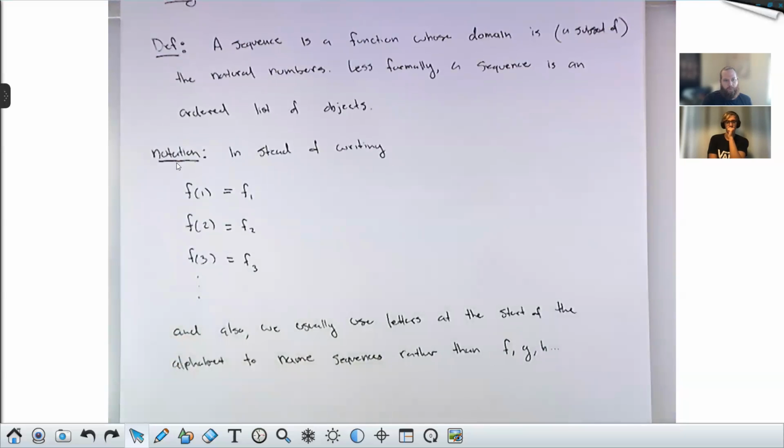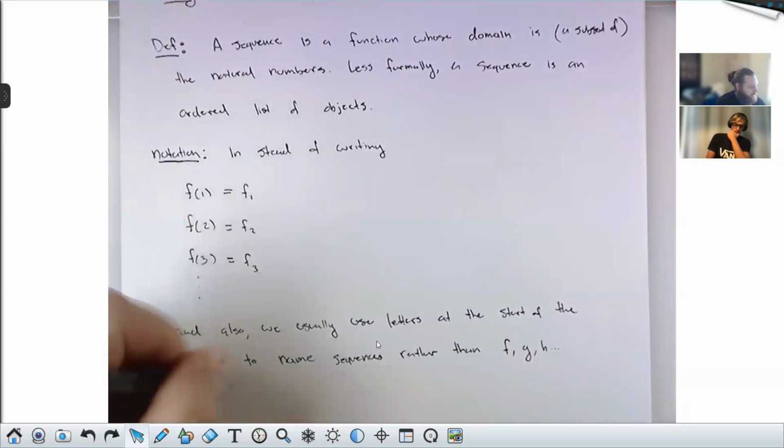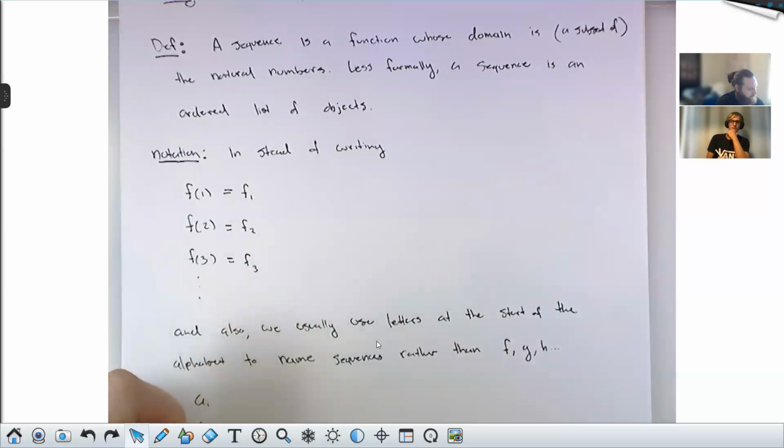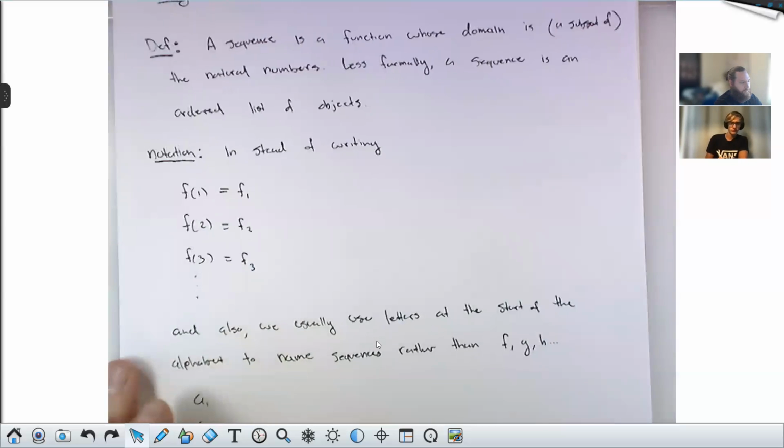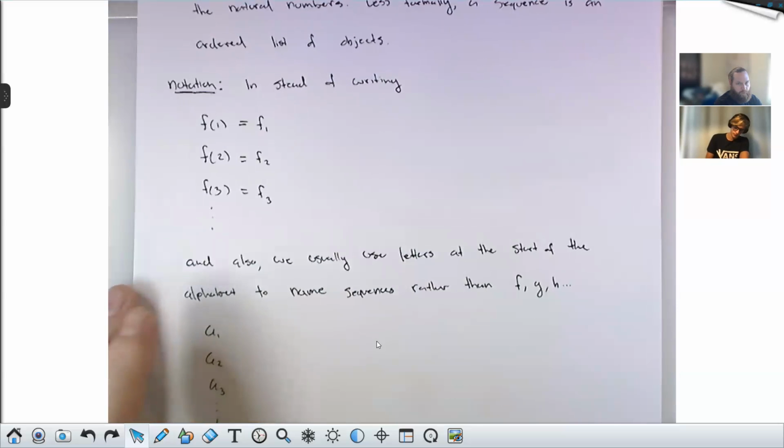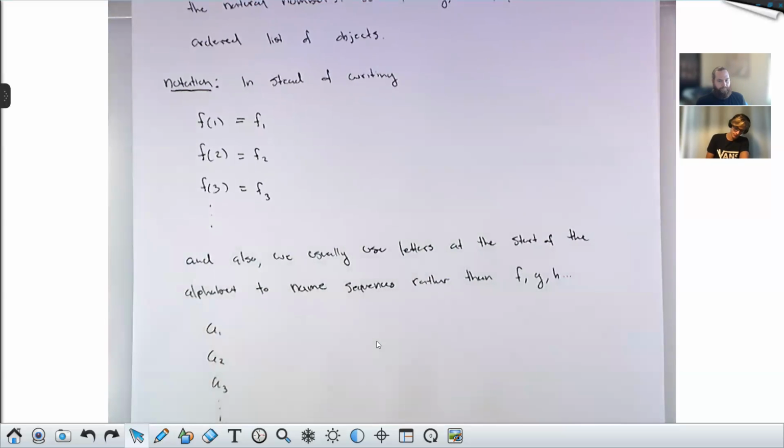But when we're talking about sequences, instead of calling them f and then thus f1, f2, f3, usually if we're talking about a sequence, we would call it like a1, a2, a3. That's the standard sort of way of writing these. So this would be the first three terms of the sequence a.